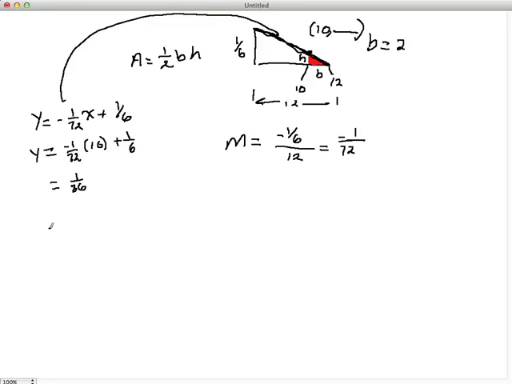So to find the area of that triangle, remember that alpha here is going to be equal to 1/2 the base times the height. Okay, well, we know what our base was. We already figured it out. We figured out the base is 2. So that's 1/2 times our base, which is 2, times our height, which is 1/36. Okay?